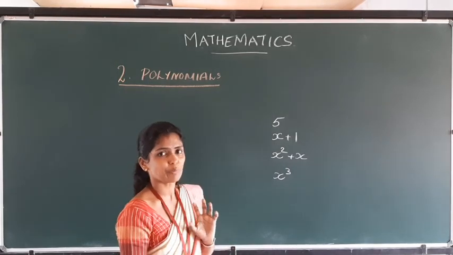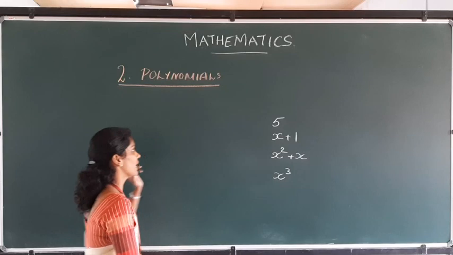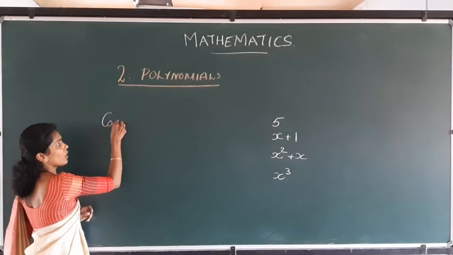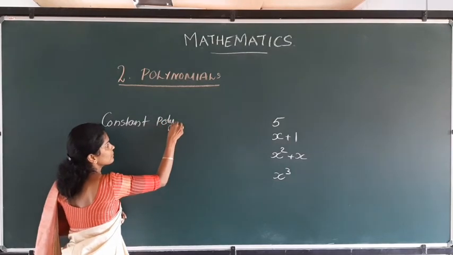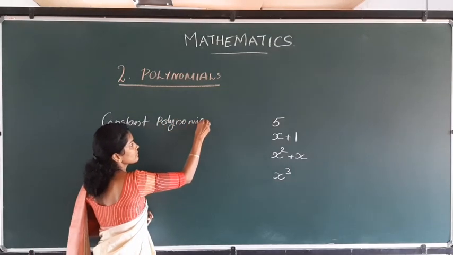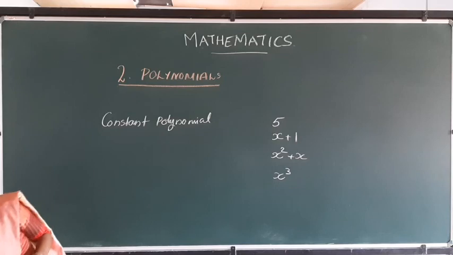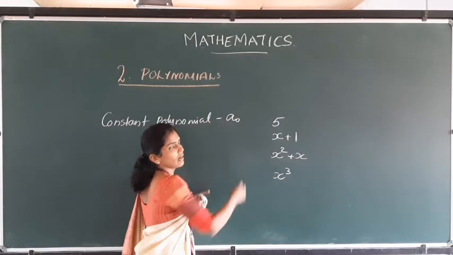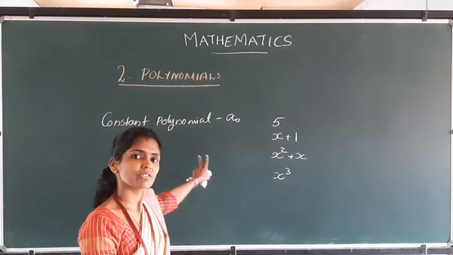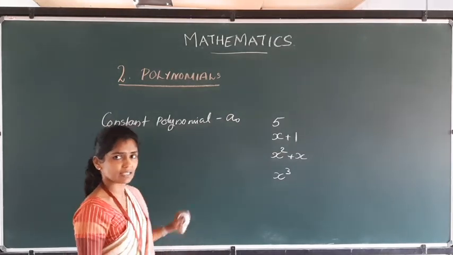In a constant polynomial, we represent it as a0, constant polynomial. All constant polynomials we represent generally as a0.